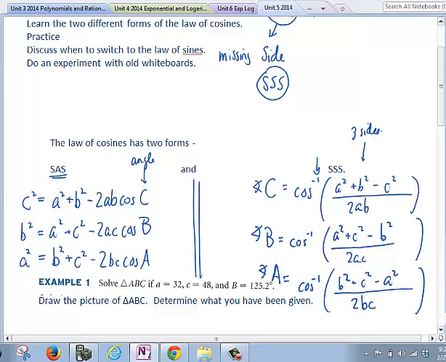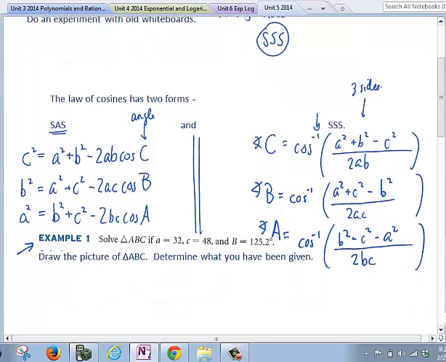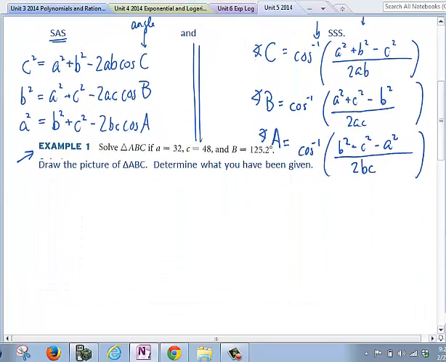You can notice there's a pattern to this formula, and in my classes I went over how we exactly derive this, but your job for this video is to understand how to use the formulas to solve for the missing sides and angles of a triangle.